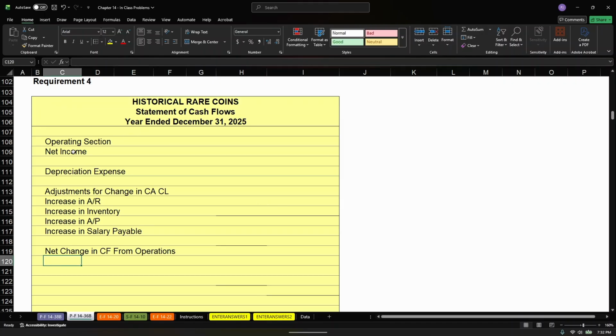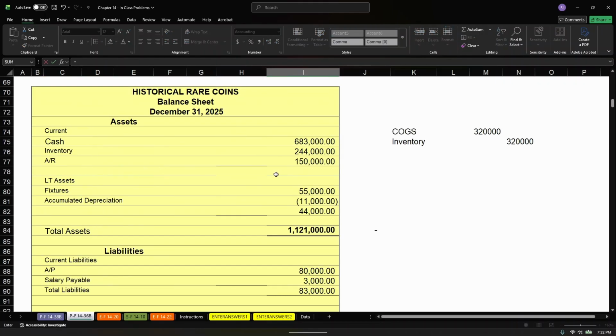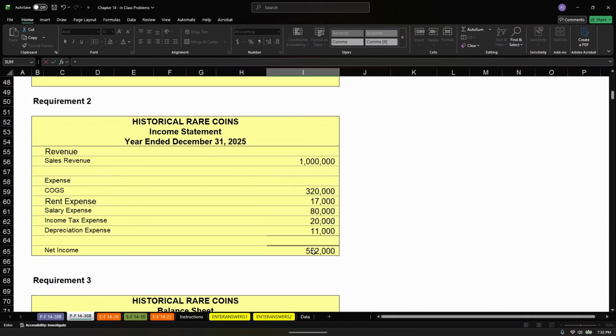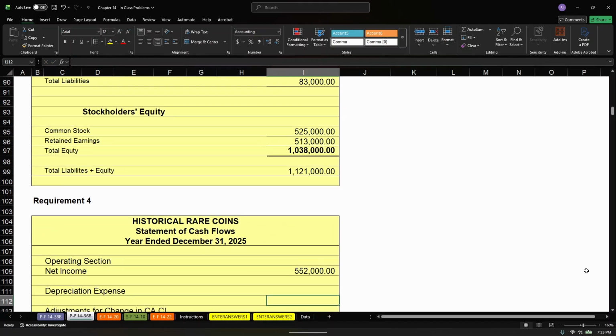Okay, operating section. We start with the net income, and that we already calculated in this income statement. So I'm just going to do a cell reference. Depreciation expense, that's an add back because this is a non-cash expense that's already baked in here. This net income has that expense in there, and so we know that's not cash.